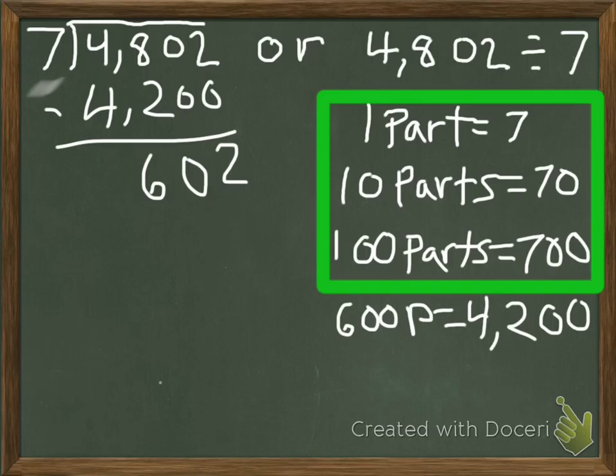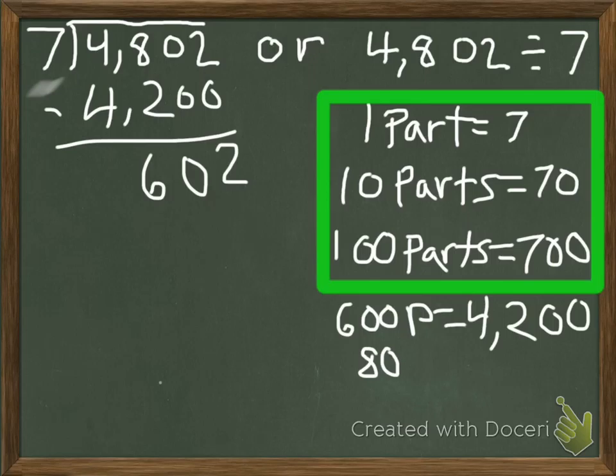Well, how many parts would I need to create 602? If I look at this, I can think about my math facts, or multiples of 7, that could get me as close to 60 as I can. Well, I know 9 times 7 is 63, so that's too high, so I can go underneath that by going 8 times 7.